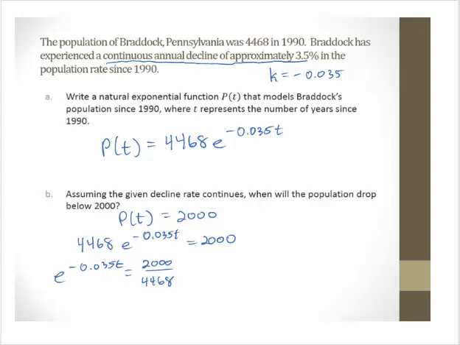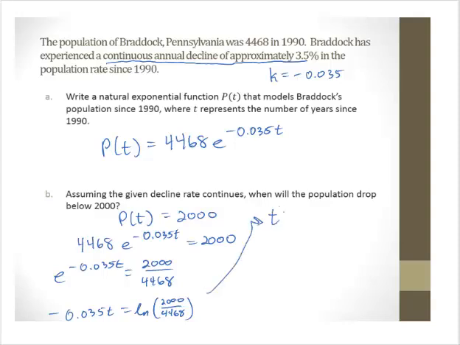I'll convert this to a logarithmic form by applying the natural log. So then I would have negative 0.035 t is equal to the natural log of 2,000 over 4,468. And I will then divide by negative 0.035.